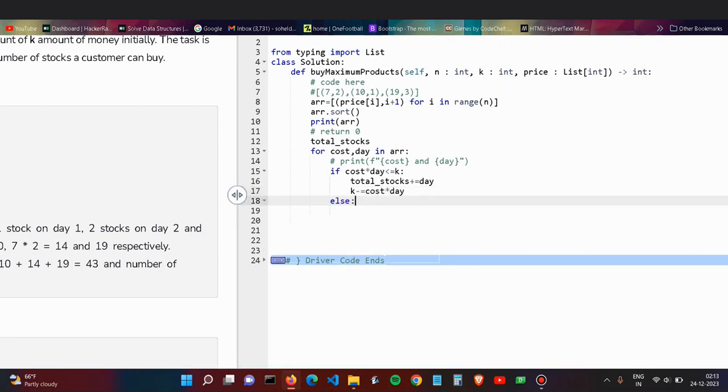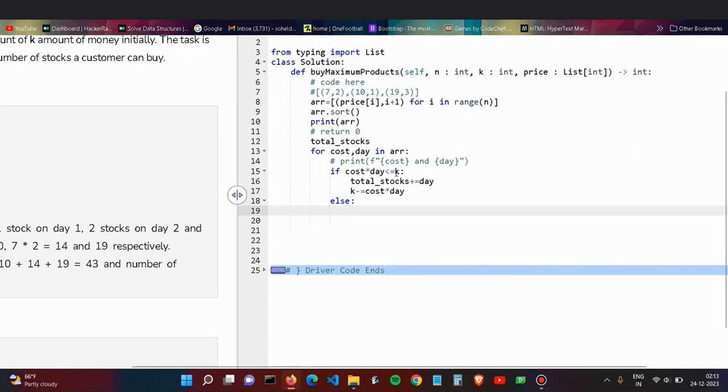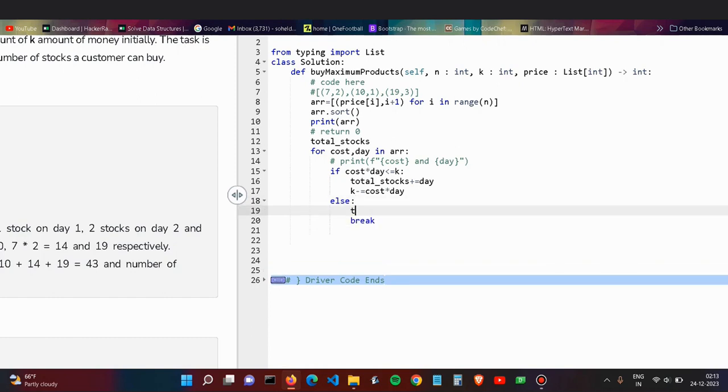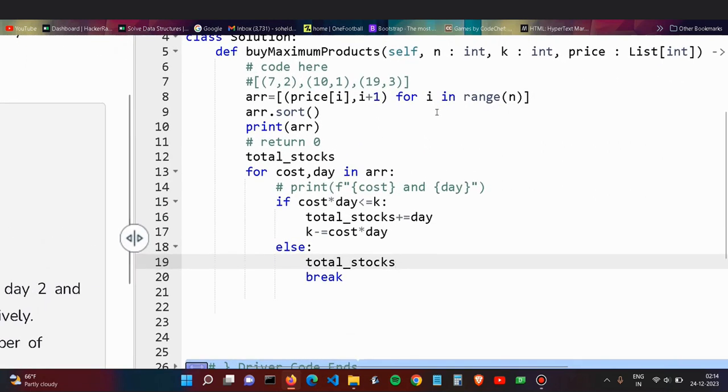Else, if this condition doesn't satisfy, there is one thing we need to do: get out of the loop. Before getting out of the loop we need to make some changes in the total stocks. Now say the next greatest, since we are sorting, so the next one will be greater obviously.